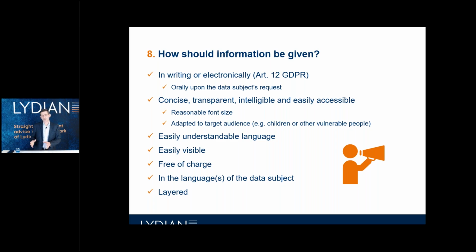And if possible, make use of a layered approach, meaning that you have an overview, an outline of your full privacy policy, but that the data subject can easily click through to get to the information that he or she is looking for.